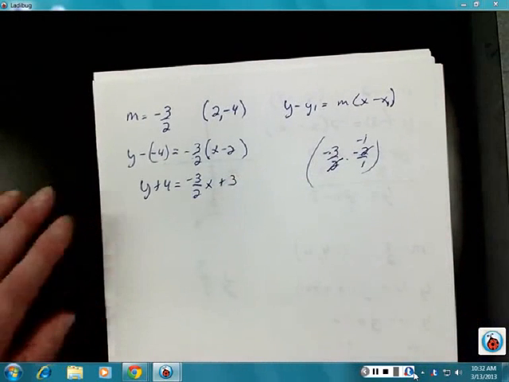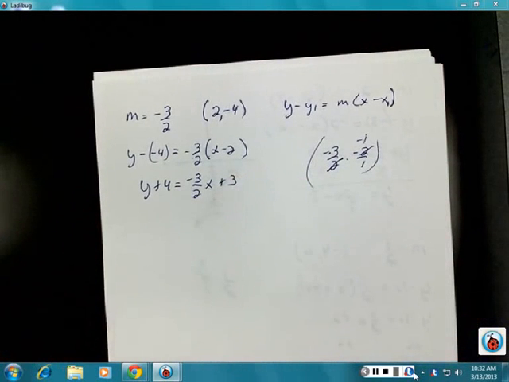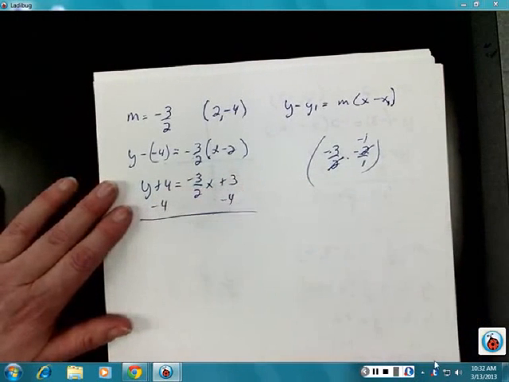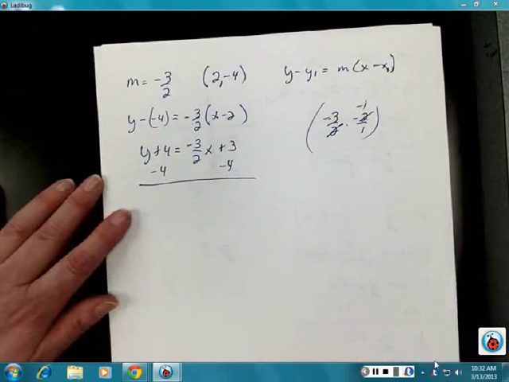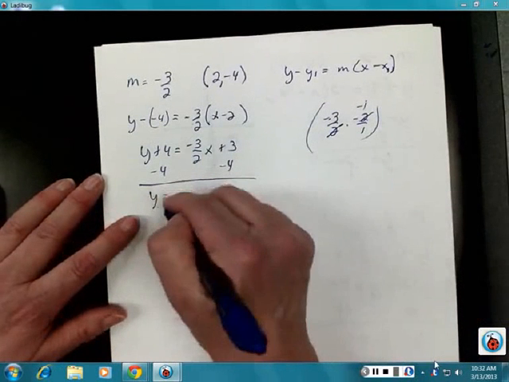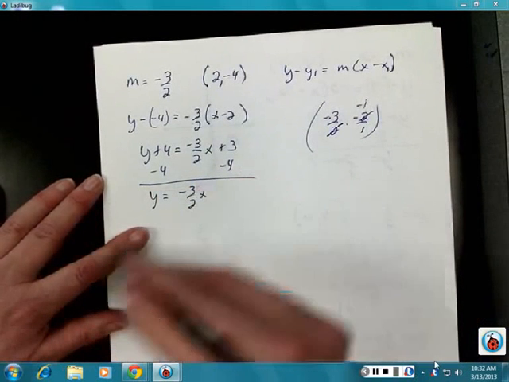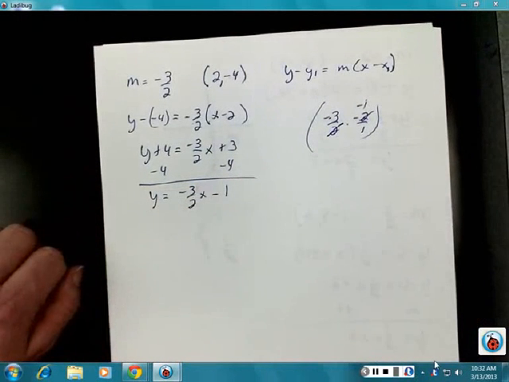Okay? Watch signs. Again, chapter 1 with all the signs in there is back. Then subtract 4. And I end up with y is equal to a negative 3/2 x minus 1. Okay? That would be my answer.